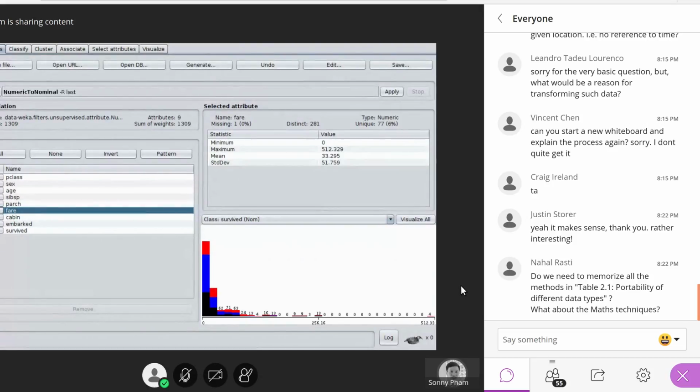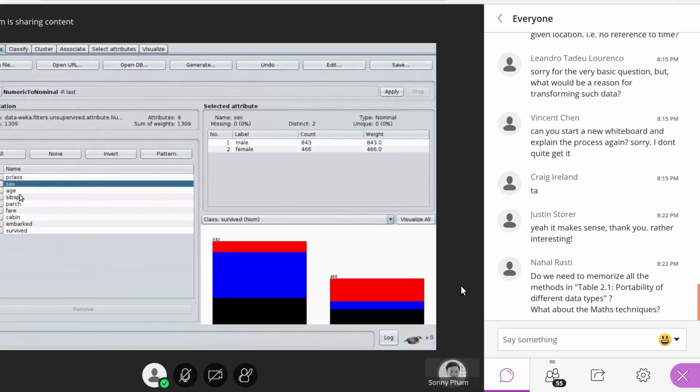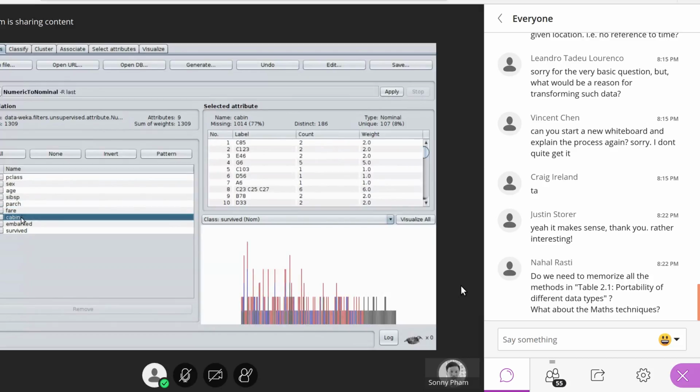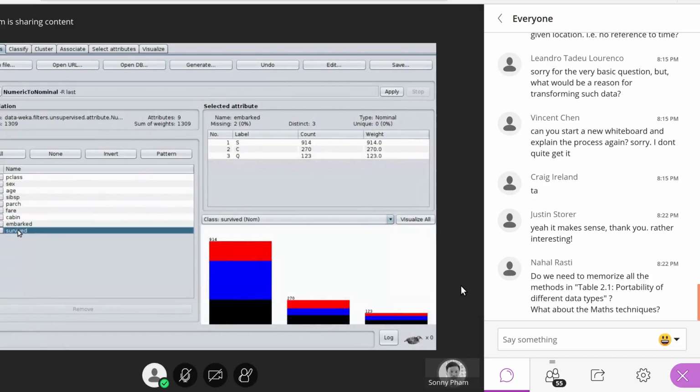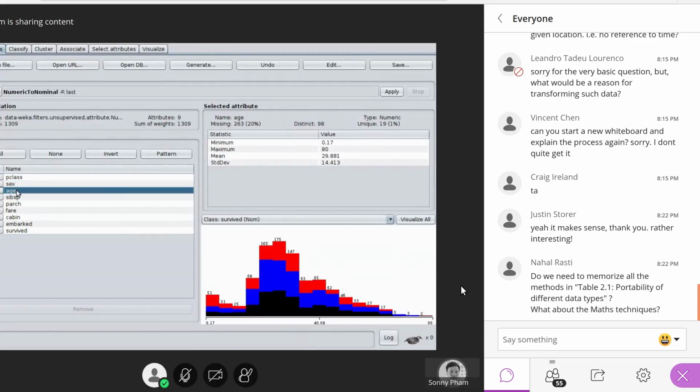Whereas if you have some other significant number of missing instances, for example 20%, age had 20% missing values, then it is quite significant.